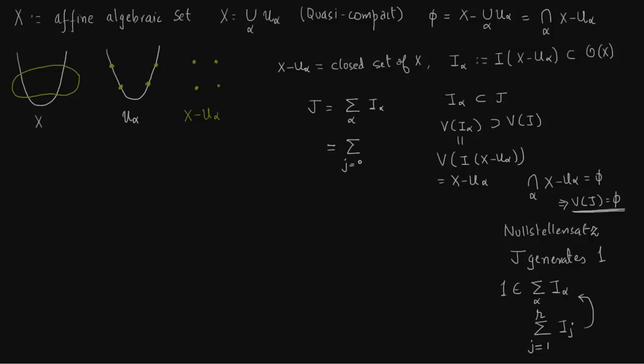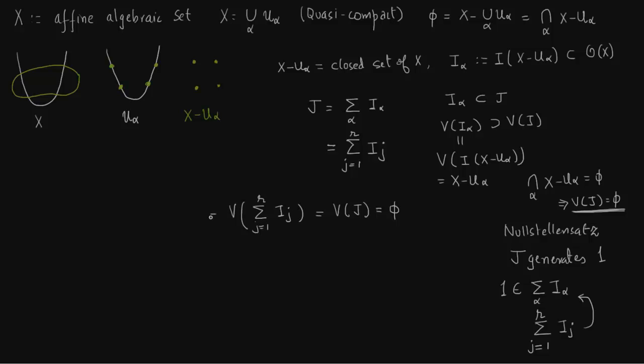And now we are almost done. We just need to retrace our steps. The ideal J generates the entire ring, or J generates 1, and we are just choosing those ideals which precisely generate 1. So that is the end of the story. Now we are just writing it down.